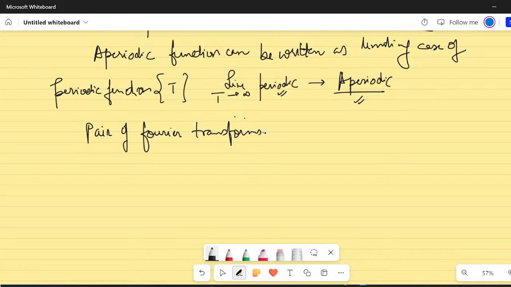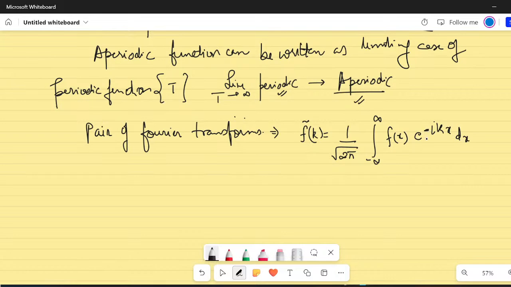Here I can write f tilde k as 1 upon root over 2 pi, integral from minus infinity to plus infinity of f of x, e to the power minus iota kx dx.